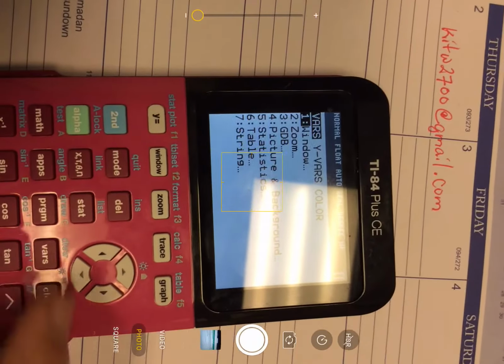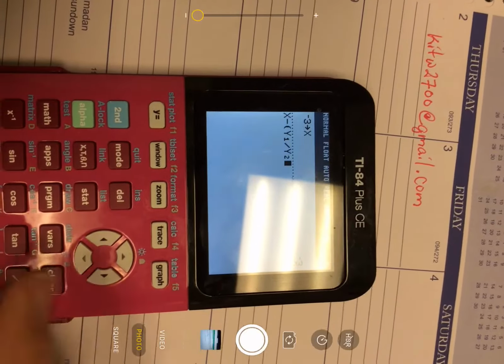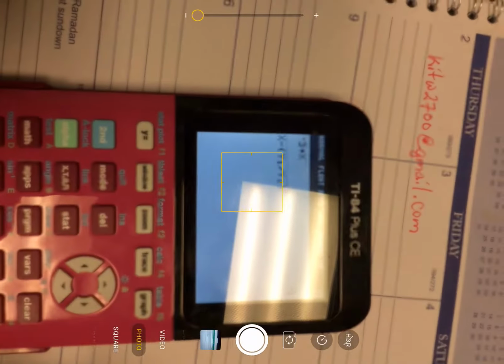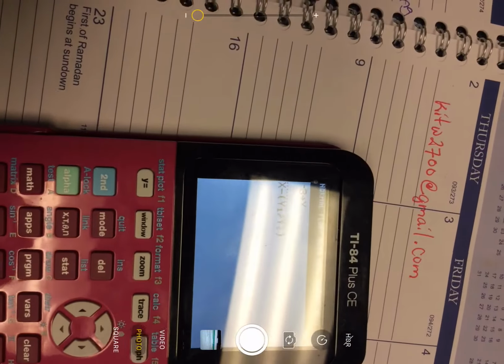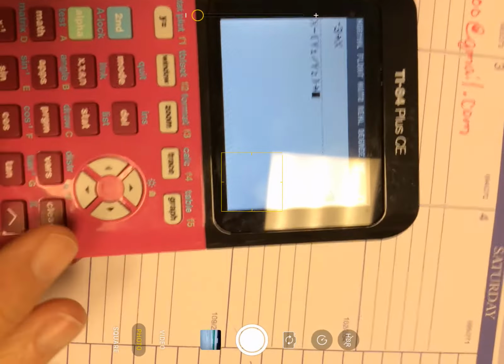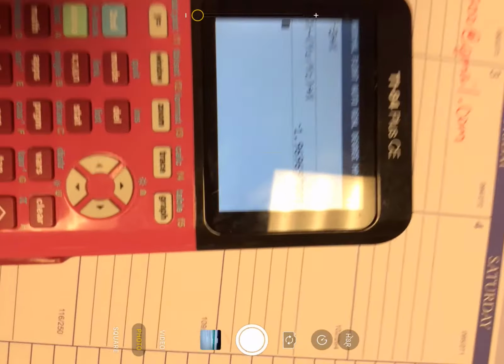So go to vars, y vars, come down to y2, close the parentheses, and now that's going to get stored as our next x. Okay, so store that as x and hit enter. So there's that would be x2.